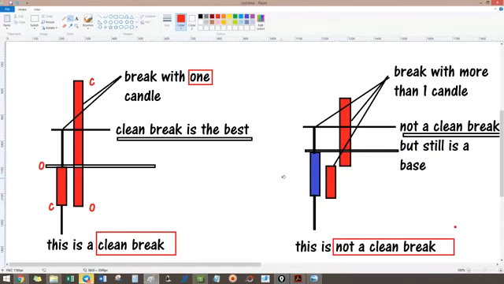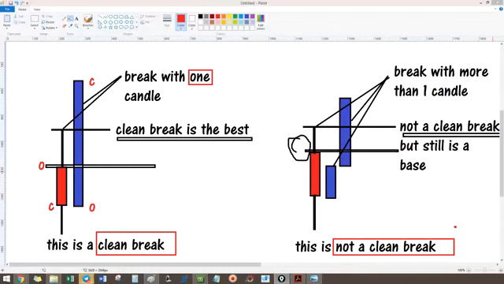Open, close, open, close, and then come the bullish candle. Sorry, wrong marking. All right, this is the correct one. Open, close, open, close.